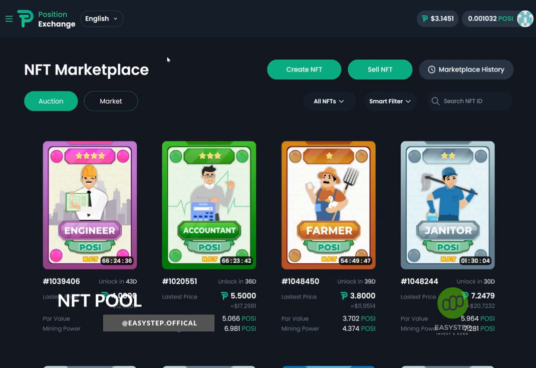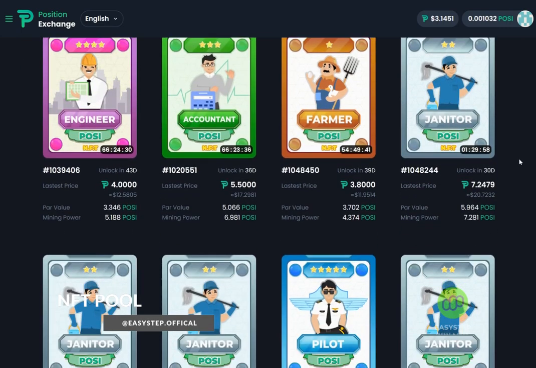This is where investors in POSI sell their NFTs. You buy these NFTs with POSI, and they tell you the price of the NFT, and it gives you the mining power. The par value is the amount that was originally used to buy the NFT.